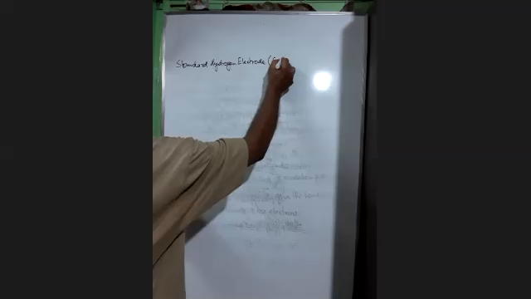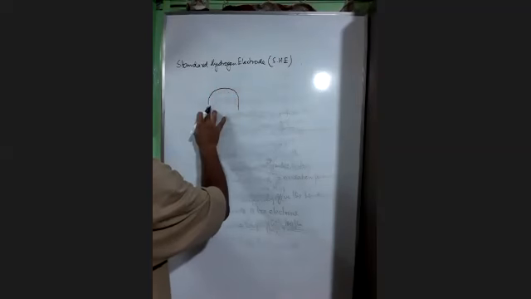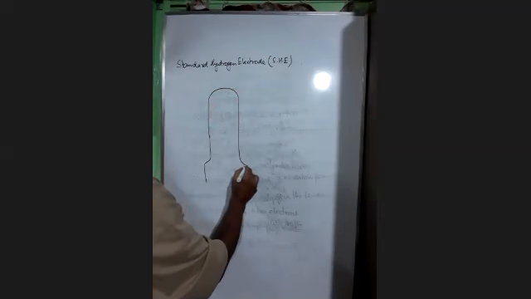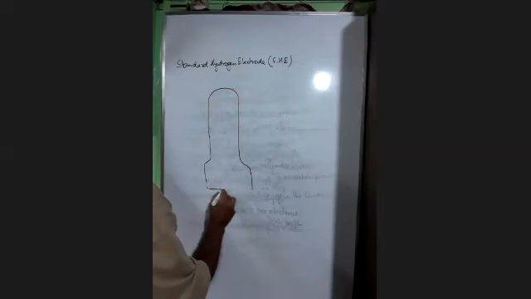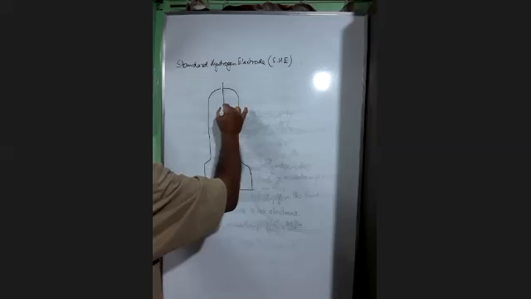In abbreviation, we write SHE, but many a time we write simply without full stop also. Standard hydrogen electrode is being made in a special glass container where a platinum wire is being sealed inside.